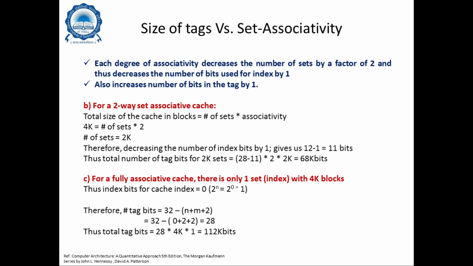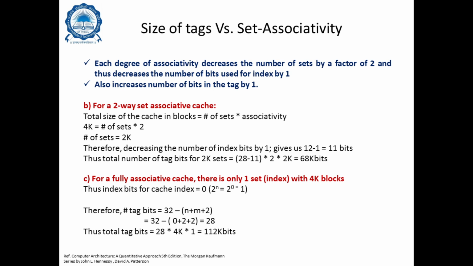Okay, because the size of the cache is always specified as a power of 2. And since the number of bits used by the index is decreasing by 1 bit, therefore the number of bits used for the tag increases by 1 bit. Okay, because we have to stick to the 32-bit number. So keeping this in mind, let's do the next part of it.